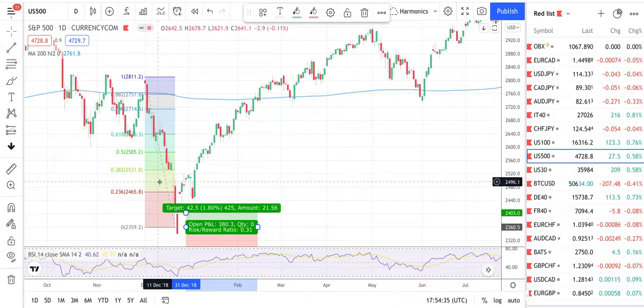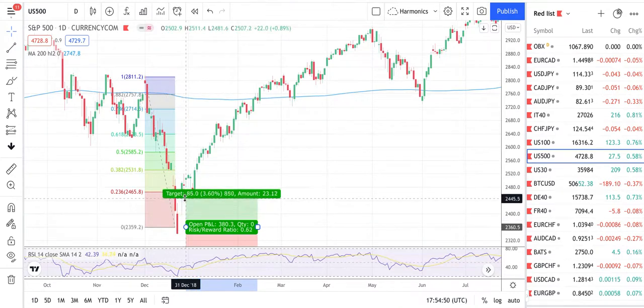I don't really clearly see any support level except for here, 38.2. I could have gone for 38.2 because yes, it is a resistance level which is borderline 38.2, but I'm a bit conservative. I would go for 23.6.